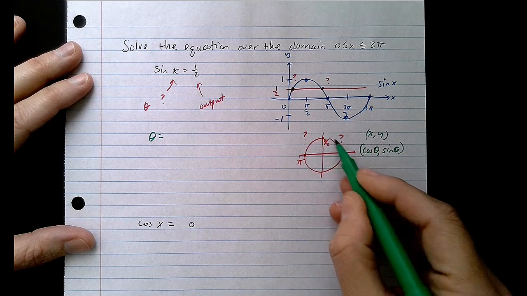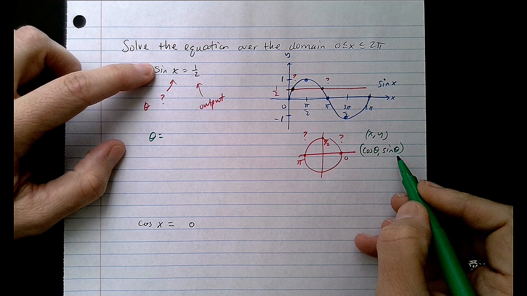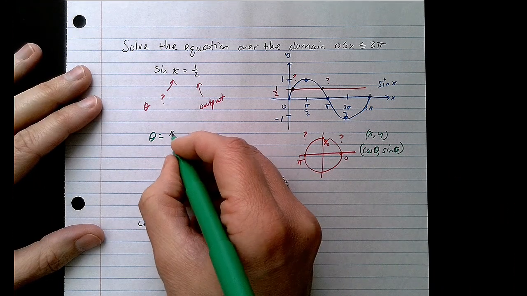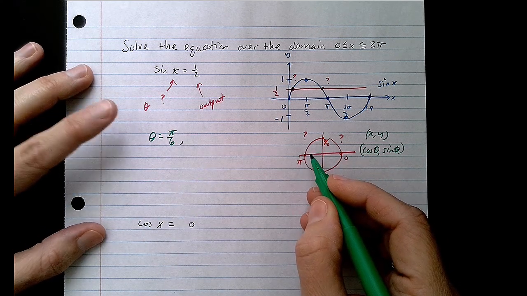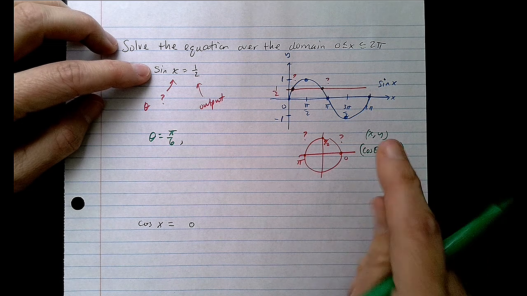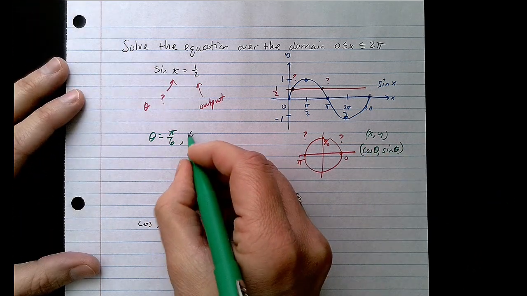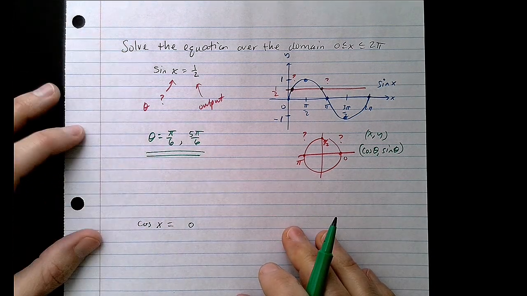So look at your ordered pairs in quadrant 1. Which angle has a y coordinate, because it's the sine, of 1/2? The answer is pi over 6. Look in quadrant 2. What angle has a sine value, which is the y coordinate, of 1/2? The answer is 5 pi over 6. So those are the solutions to this equation.